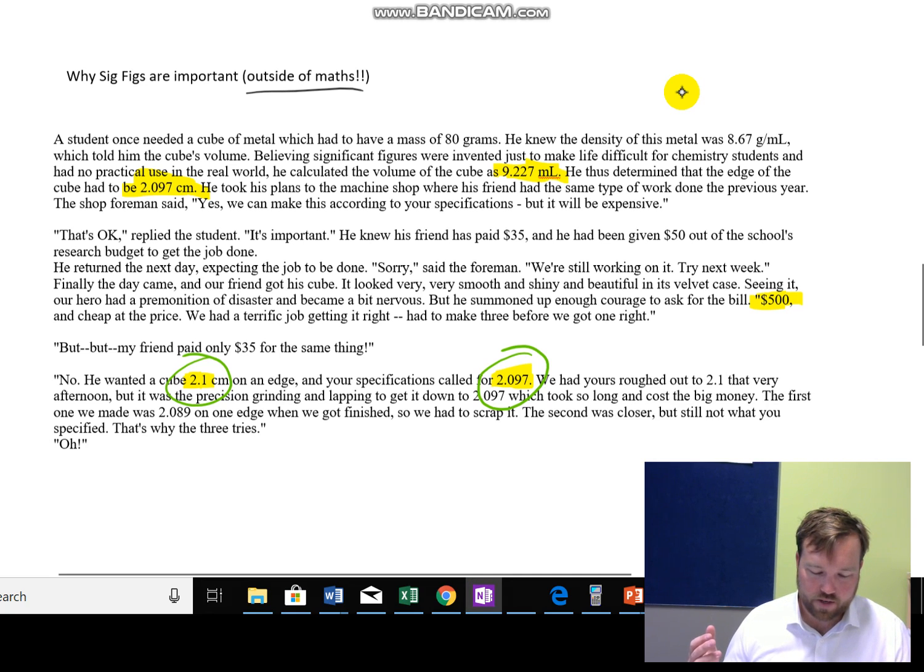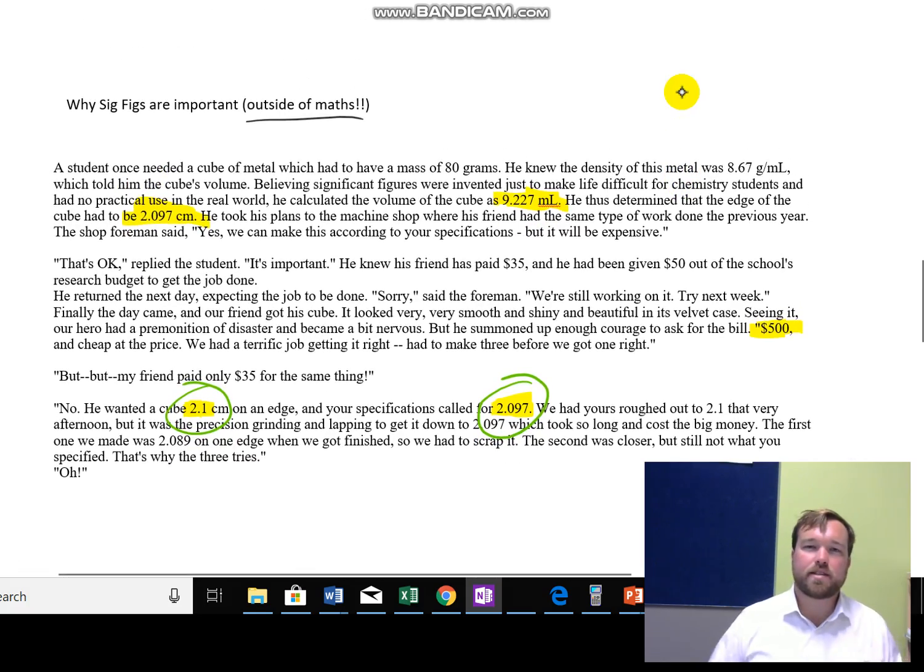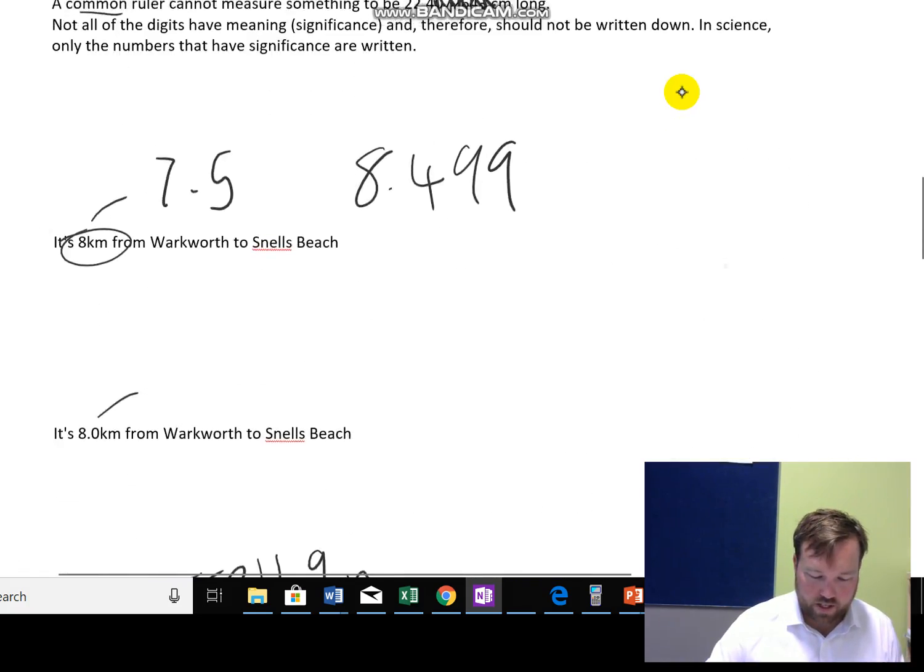In reality, you have to think about what level of accuracy you're implying by each decimal that you're adding on, or each significant figure that you're showing. So I'll go through the dry rules, but the way this works in an assessment for you is very much like this up here.